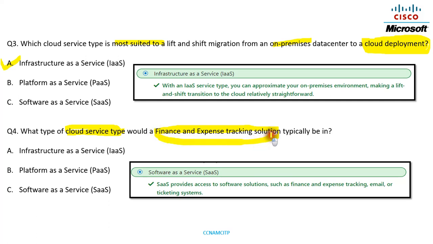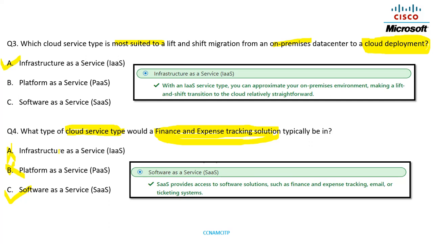It is asking for a solution and that should be ready-made. SaaS provides access to software solutions such as finance and expenses tracking, email, or ticketing systems. So mark the answer software as a service, not platform as a service or infrastructure as a service, for this question.